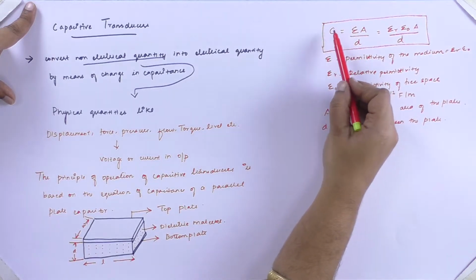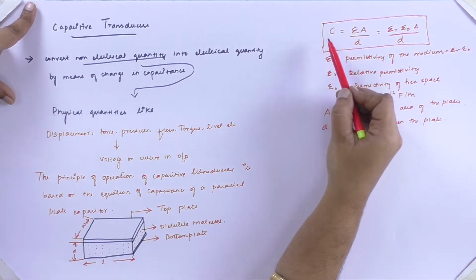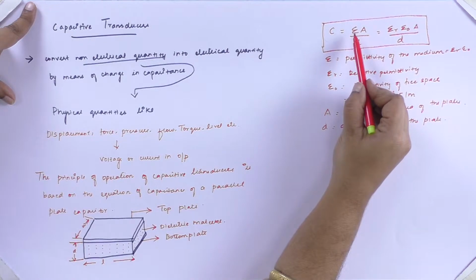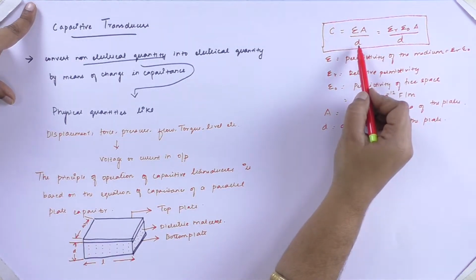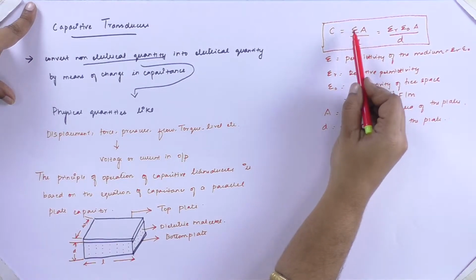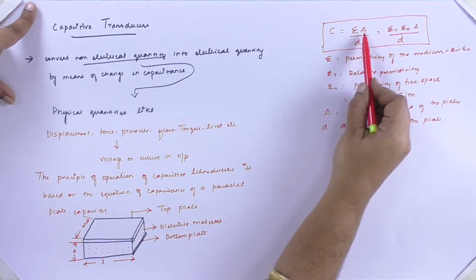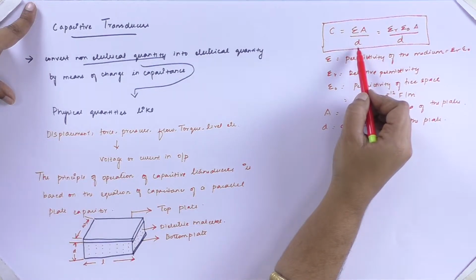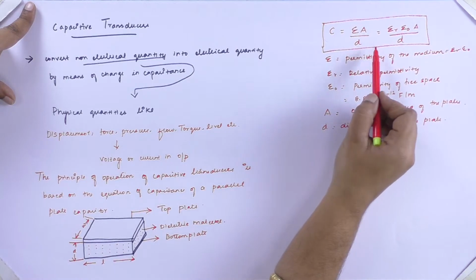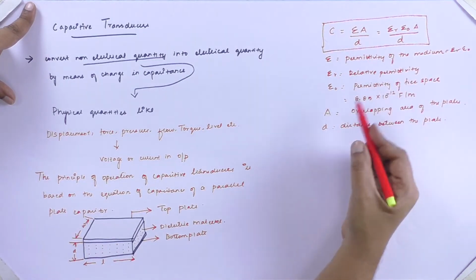So we can change the capacitance by changing epsilon, A and d. Epsilon depends on the dielectric medium.